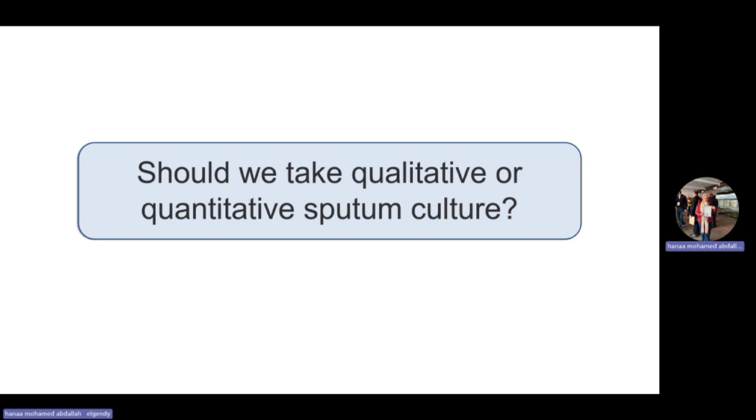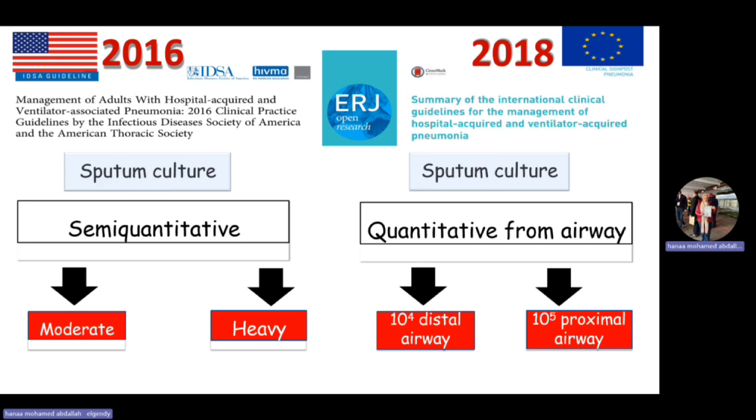And should we take qualitative or quantitative sputum culture? It's according to the different guidelines. In the American guidelines, yes, we can go for semi-quantitative culture, whether moderate or heavy bacterial growth, while the European guideline goes for the quantitative form from the airway.